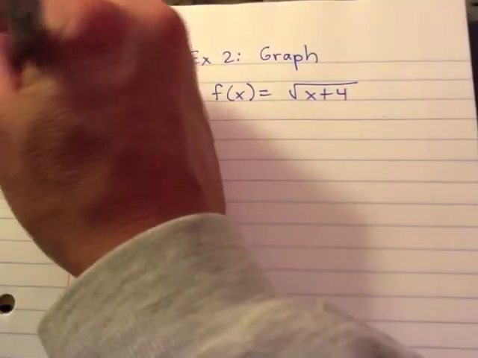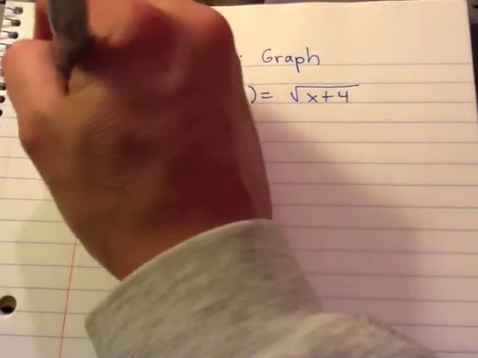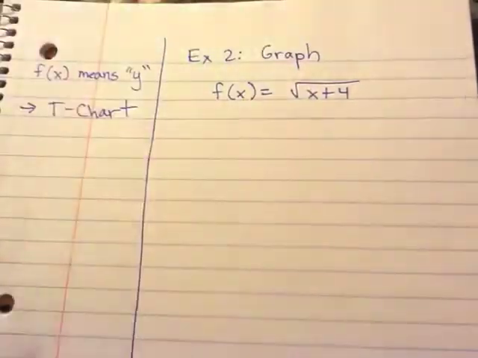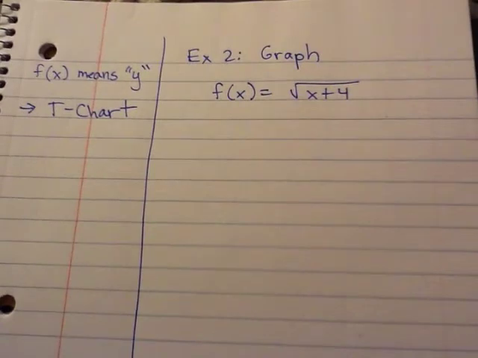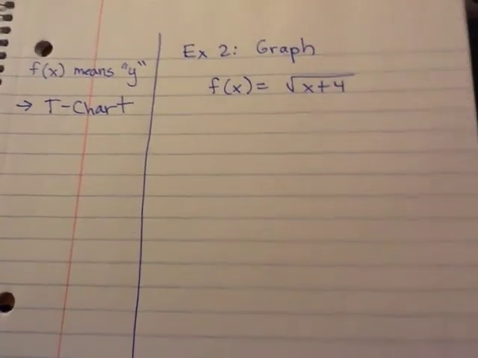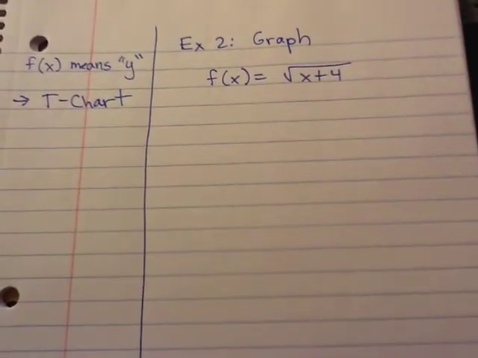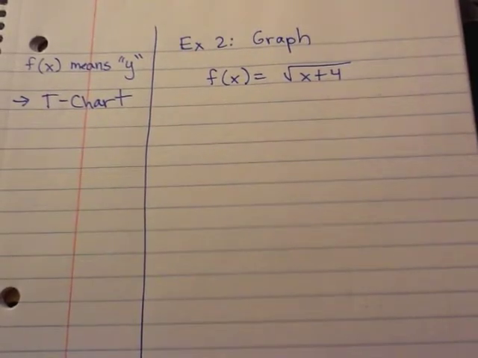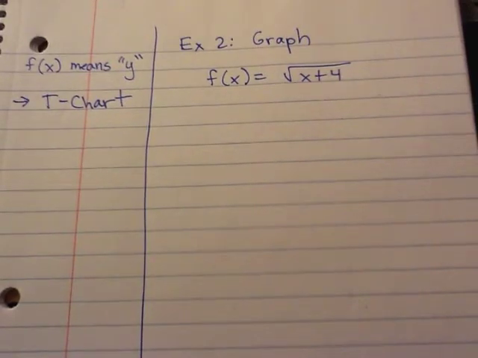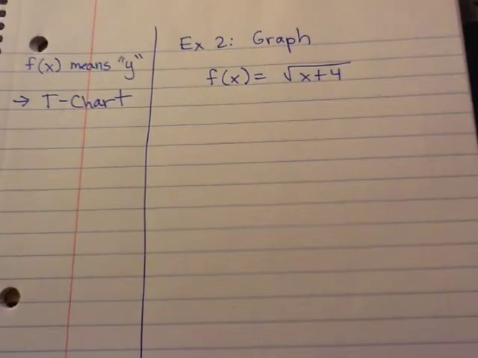So you're just going to set up a t-chart, or a table if that's what you call it. And here's the key. It's kind of like finding a vertex for the quadratics when we were graphing the parabolas. It's almost exactly the same. The deal is that you have to find that lowest point or highest point of the graph on the domain. You're going to need to find that.